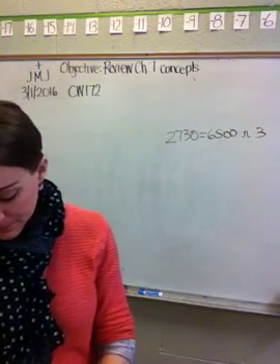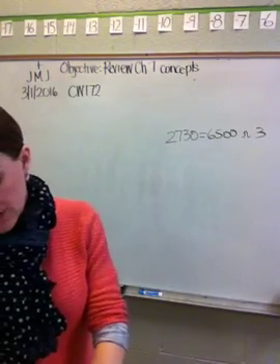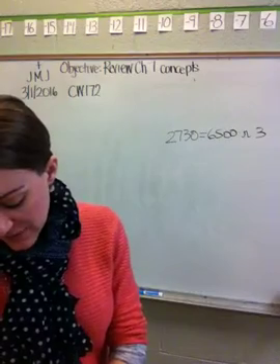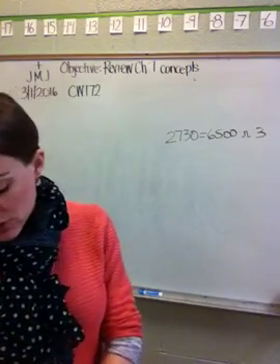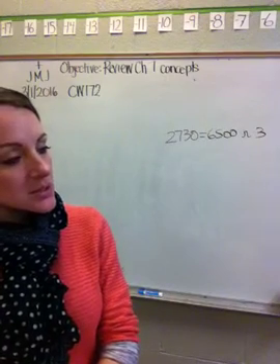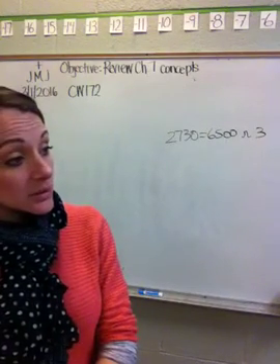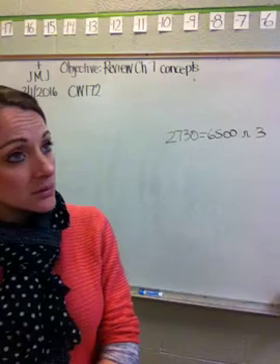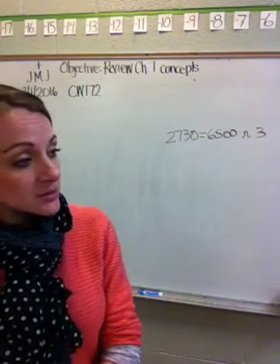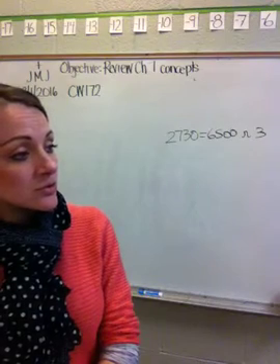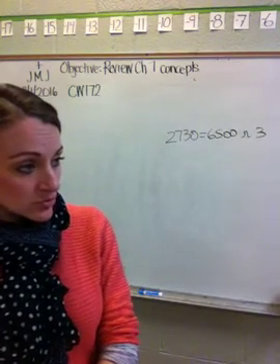Yes. Okay. 4. Julian Dolby invested $5,000 in a special savings account that pays 8% interest compounded quarterly. Mike, what's your time if it's compounded quarterly? Quarterly would be 3 months.